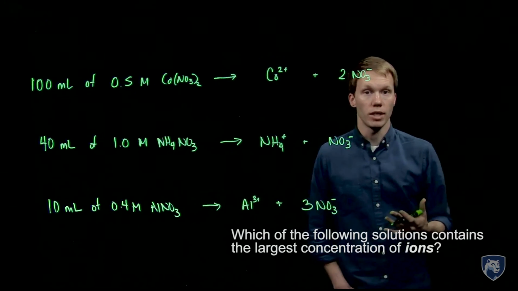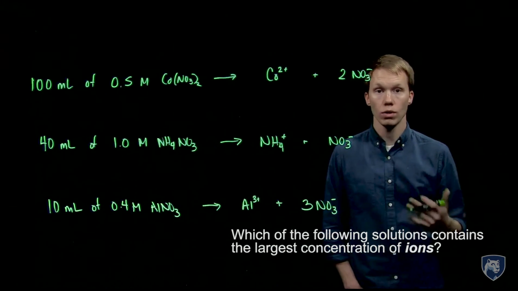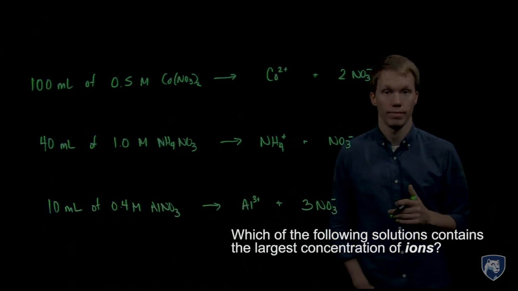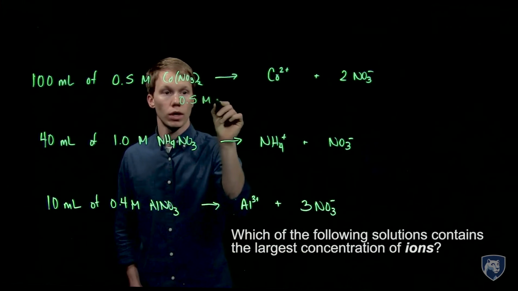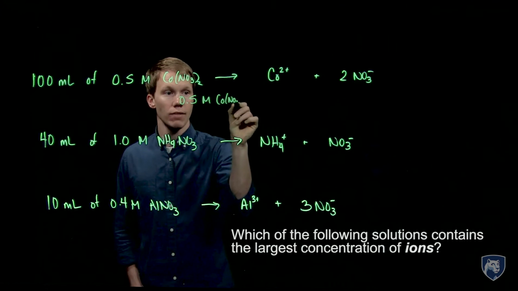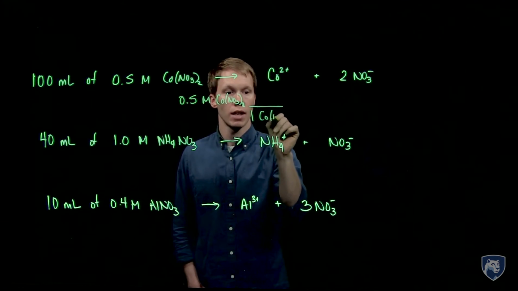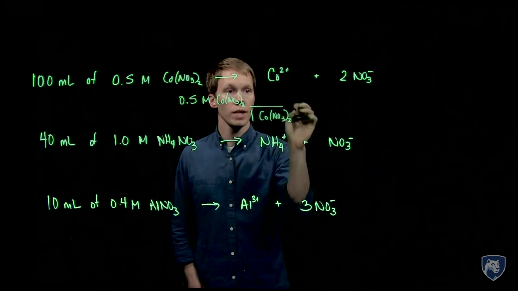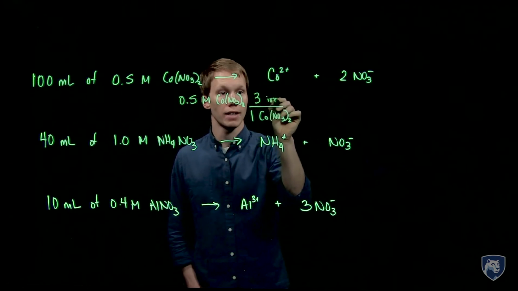Using those same options, let's think about which of these would result in the highest total ion concentration. In the first option, I have 0.5 molar cobalt nitrate, and for every 1 cobalt nitrate, I produce 3 ions, 1 cobalt and 2 nitrate ions, so 3 ions.